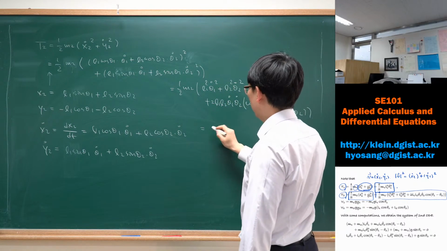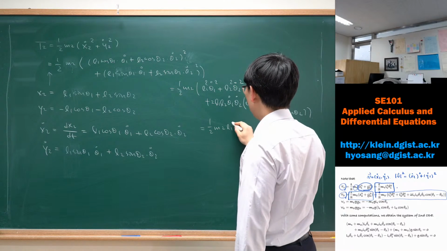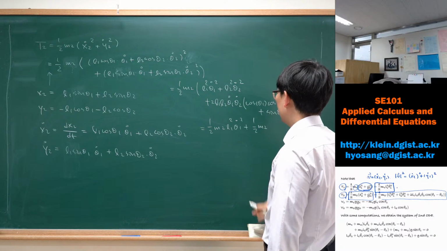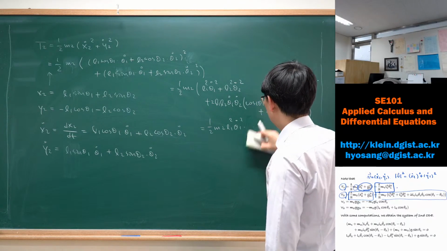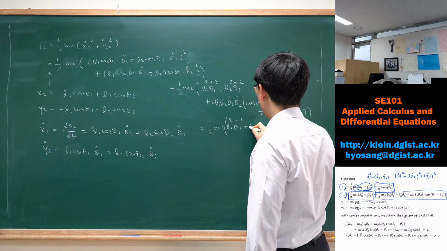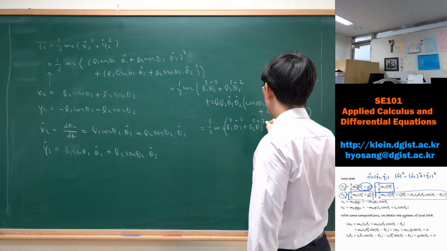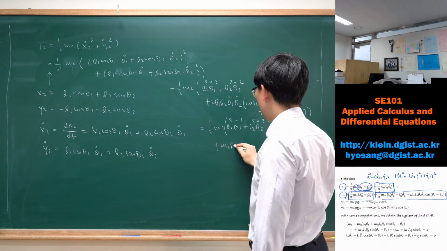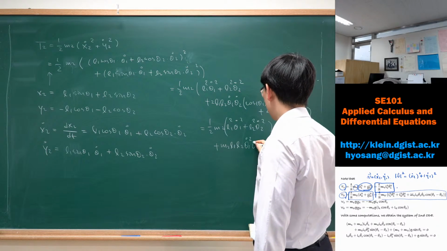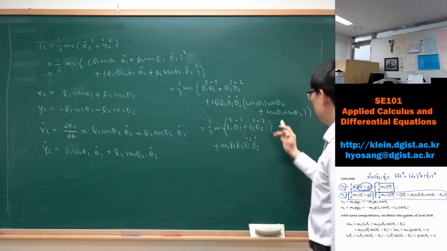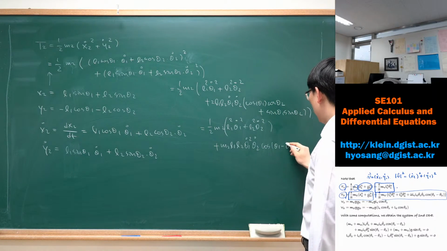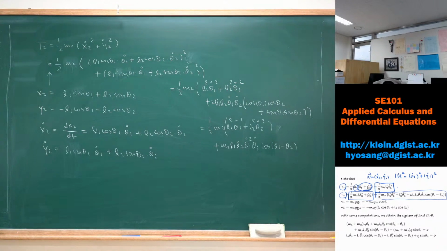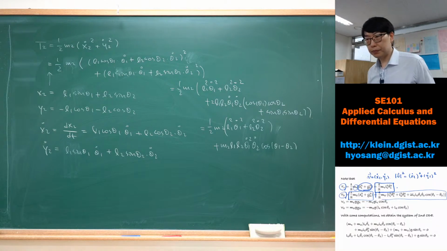So this becomes 1 over 2 m2 L1 square theta 1 dot square plus L2 square theta 2 dot square, and combining these two terms, we have plus m2 L1 L2 theta 1 dot theta 2 dot, times cosine of theta 1 minus theta 2. Okay, so that's the kinetic energy of the second object m2.